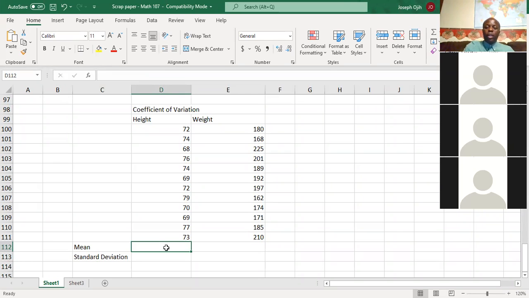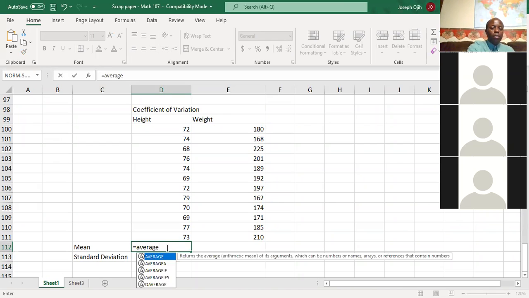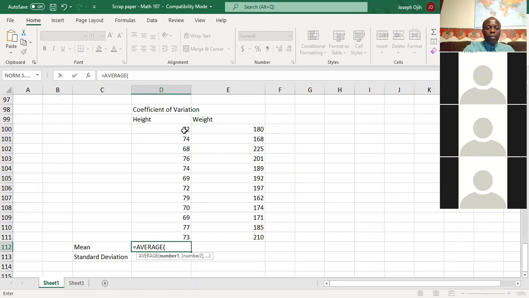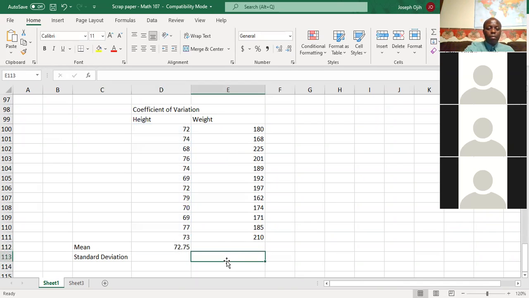Remember, whenever you want to do a calculation in Excel, put the equal sign first. Mean is average. Double click on it, and highlight from here. Okay, close it. One good thing about Excel is that when you do one calculation, you can copy the formula and it will calculate the other one.